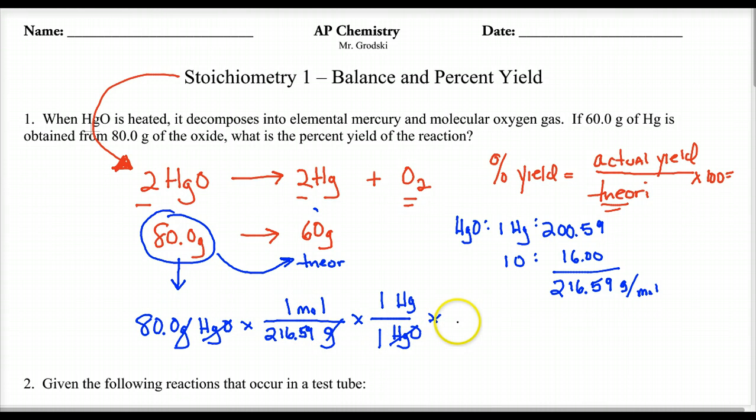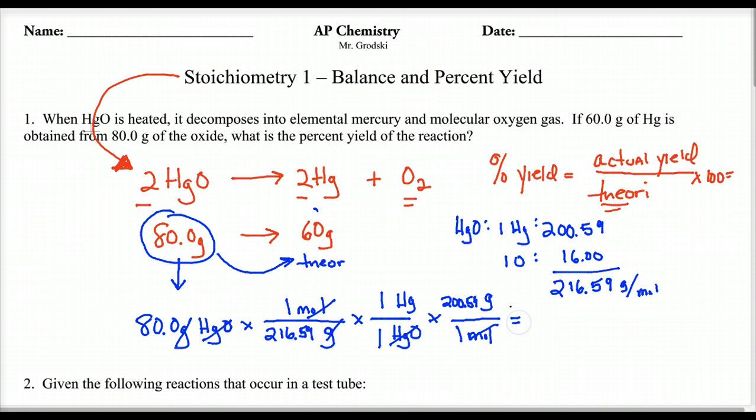And last thing we want is grams. Get rid of my moles above. We want grams. And how many moles equals 1 gram of mercury? As we just said, it's 200.59. Okay, and my moles go away, and I have grams of mercury.